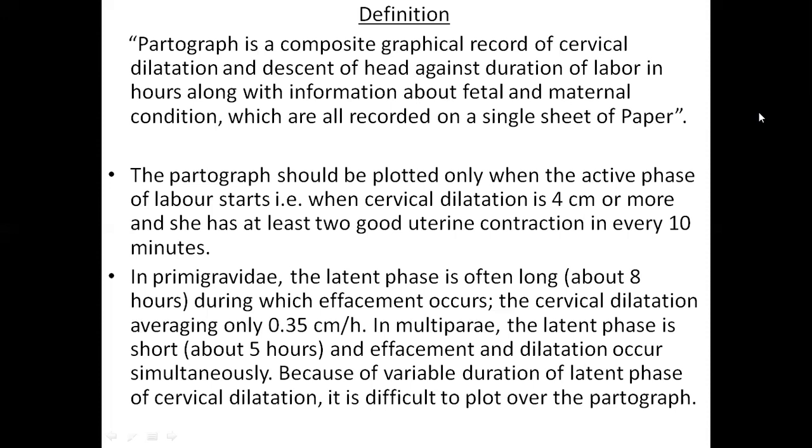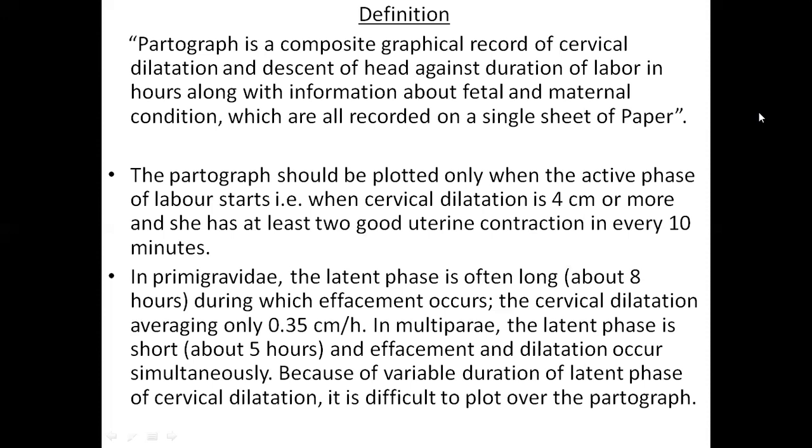That is when cervical dilatation is 4 cm or more and she has at least 2 good uterine contractions in every 10 minutes. In primigravida, the latent phase is often long, about 8 hours, during which effacement occurs, the cervical dilatation averaging only 0.35 cm per hour.